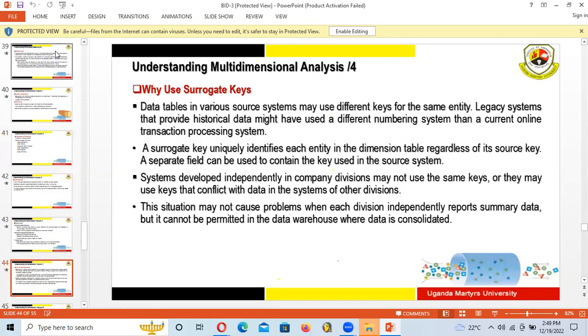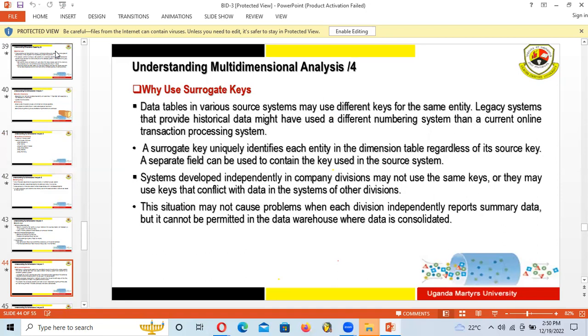And then why use surrogate keys? Remember, surrogate keys enforce referential integrity in the fact table. Data tables in various sources may use different keys for the same entity. Legacy systems that provide historical data might have used different numbering systems than the current online transaction processing system.